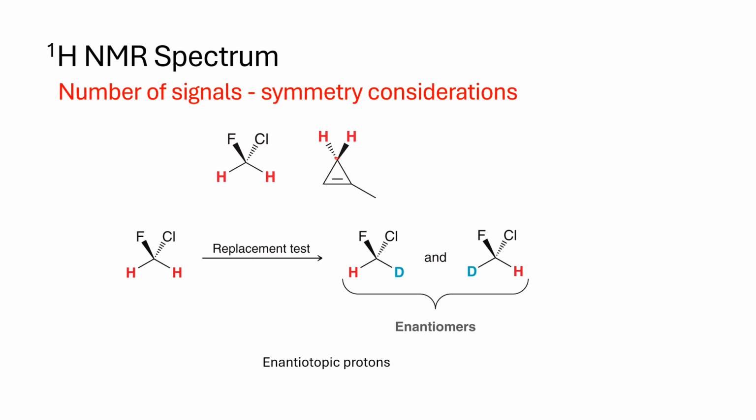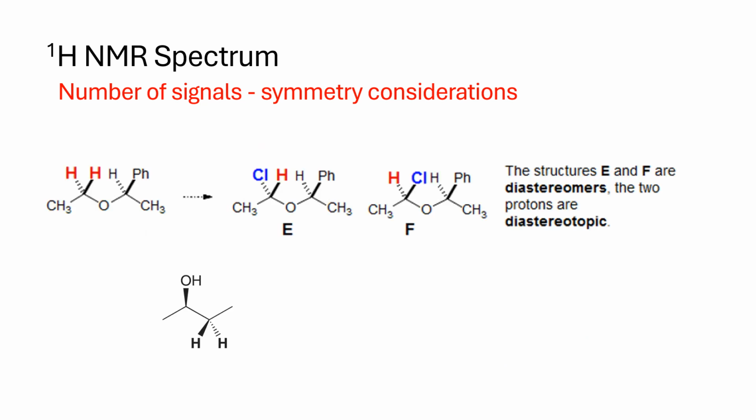Now, this is not a chiral center, but you will create one when you replace either hydrogen with a deuterium. Now, what is important is that enantiotopic protons and homotopic protons have the same chemical shift. So you count them as the same signal. And again, that is important when we're determining how many signals.